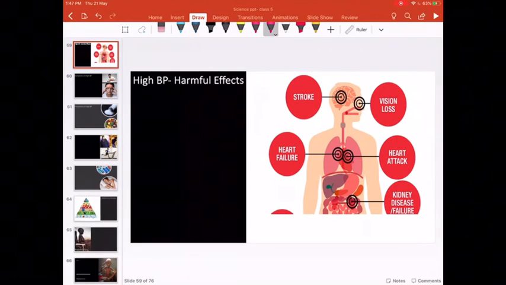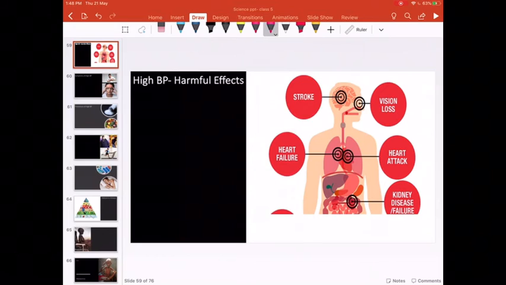Now, the high blood pressure has got various bad effects, harmful effects. Now, blood flows into the internal organs. We cannot see the blood flowing outside the skin. It flows inside, and we have got organs inside. So if we have got more blood pressure, then the blood will hit the internal organs with excessive pressure.